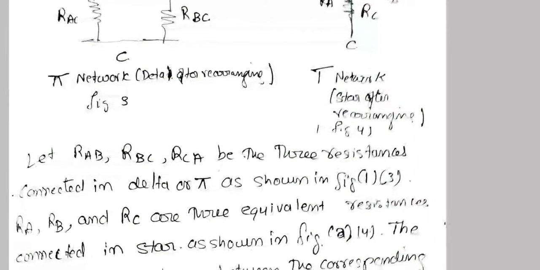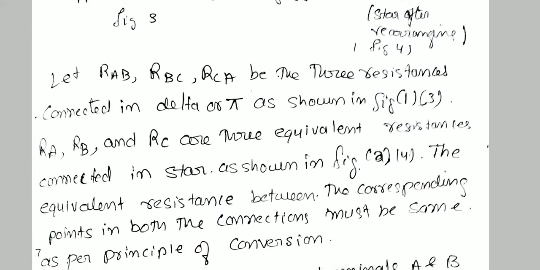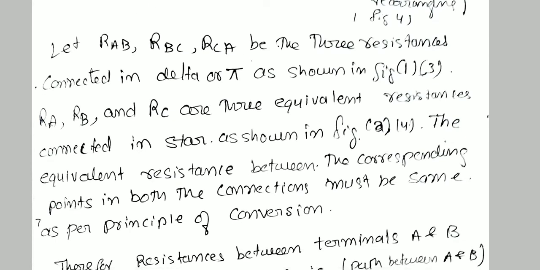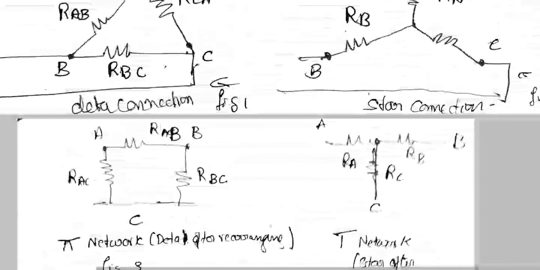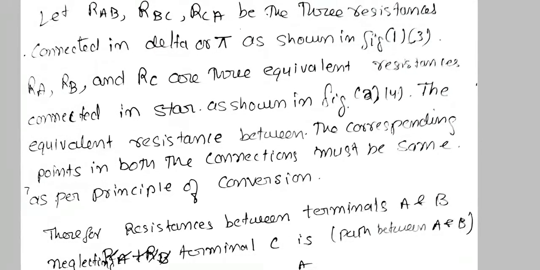Let RAB, RBC and RCA be the three resistors connected in delta or pi as shown in the figure. RA, RB and RC are the three equivalent resistors connected in star as shown in this figure. The equivalent resistance between the corresponding points in both connections must be the same as per the principle of conversion. That means after converting, the values of the resistances should remain the same.